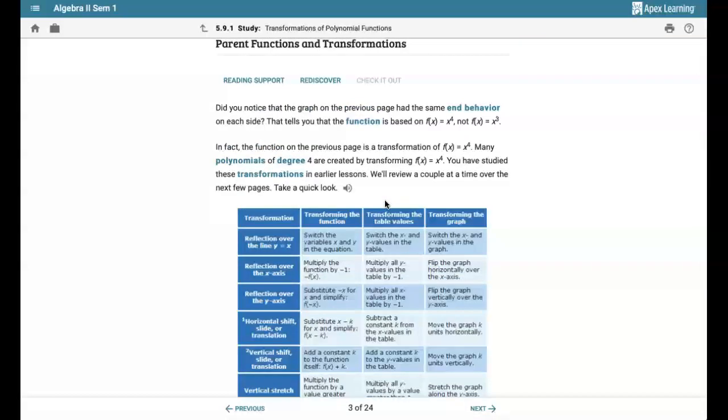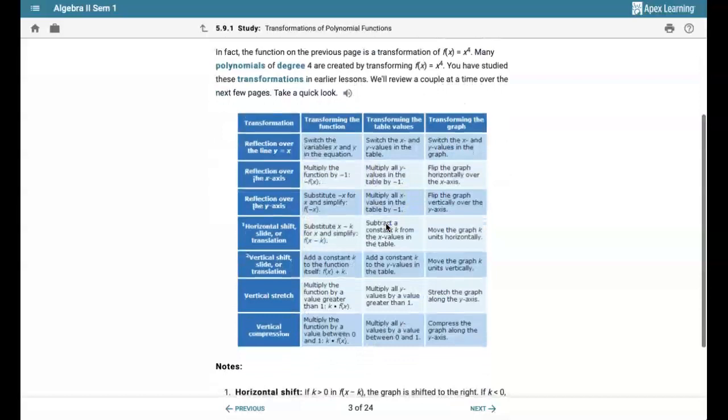We had this discussion in an earlier unit about parent functions and transformations. We were able to look at these different transformations: vertical shifting, horizontal shifting, compressions, reflections, all of that. We came up with a table of basically instructions.